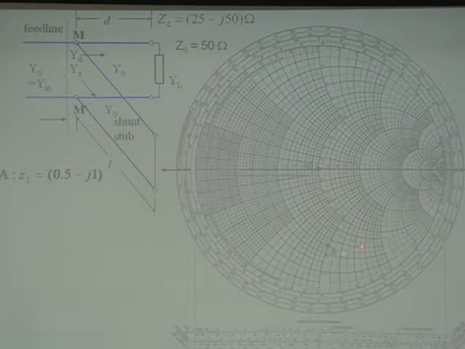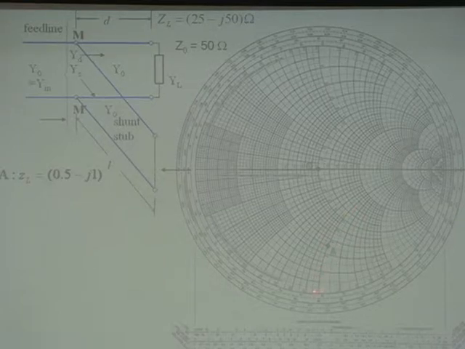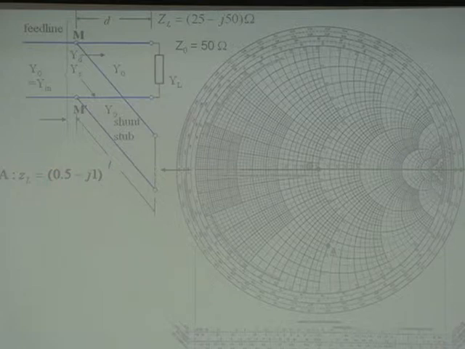And 0.5 corresponds to this circle right here. You read this value 0.5 for this point A, and for this point A, the reactive part is equal to 1 right here. So you identify this point as A, the load impedance.